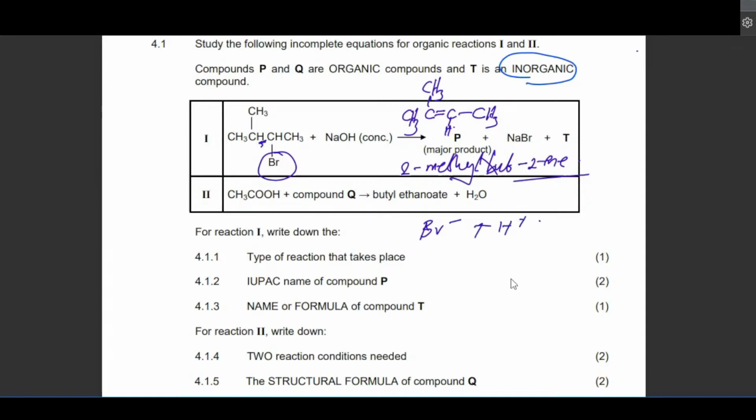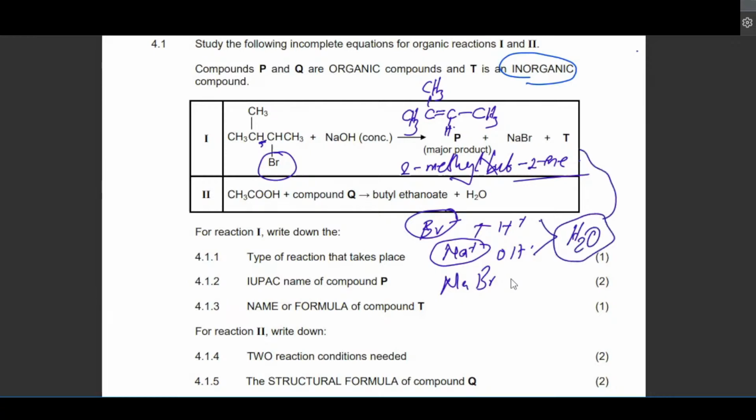Now this sodium hydroxide breaks down to form sodium bromide. Sodium hydroxide will ionize, so this and this will combine to form sodium bromide. What about this now? These will also combine to form water. So this is T, and water is an inorganic compound. That's why they said an inorganic compound.